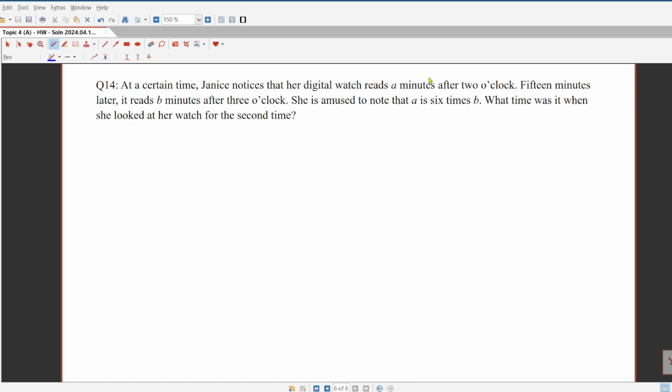So we have two unknown variables, A and B, right? And according to the given information, we can establish a connection between the two variables. First of all, we know that 60 plus B minus A equals 15, right?